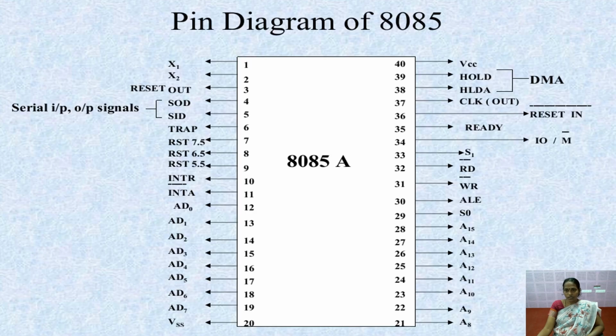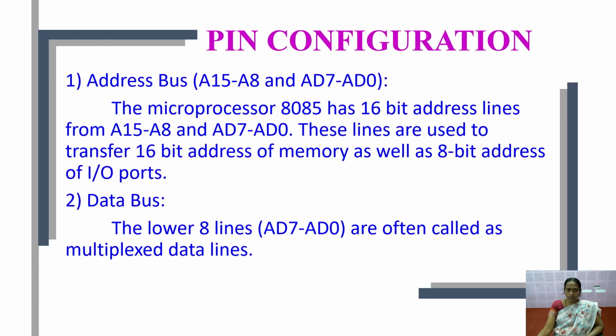This is the pin diagram configuration. Here we can see the address data bus from AD0 to AD7, and also up to AD15, starting from AD0 to AD15. What is the purpose of this address bus?